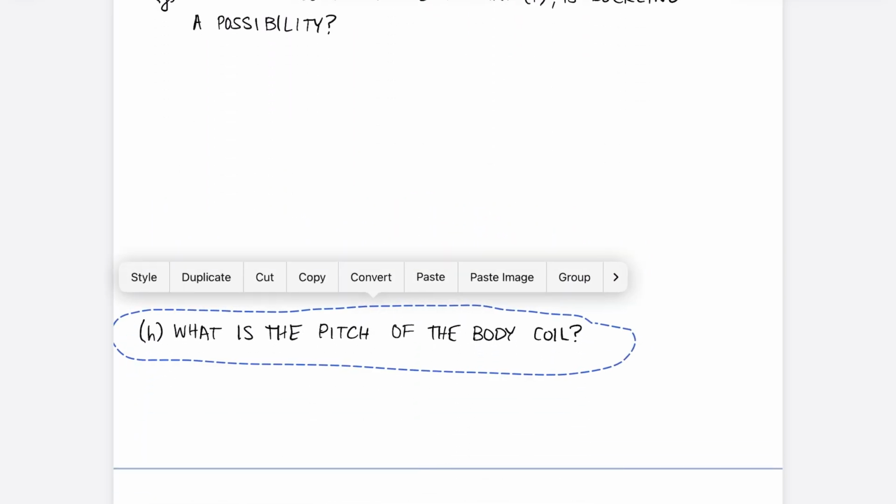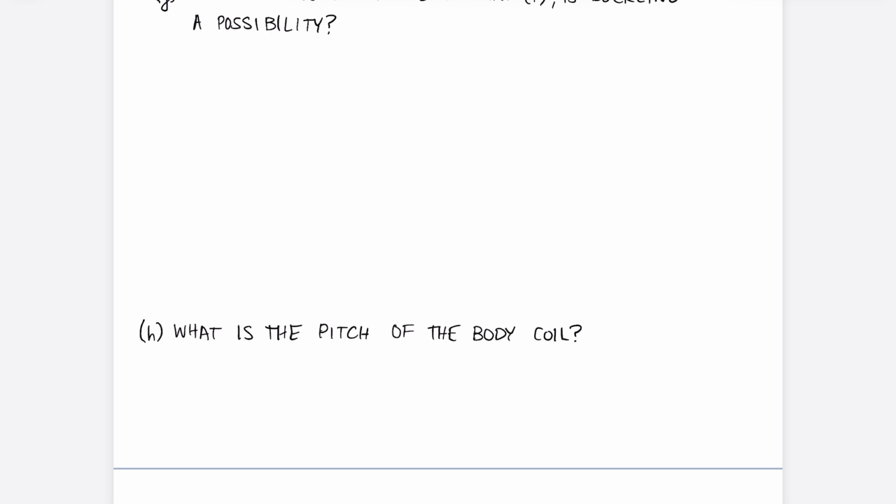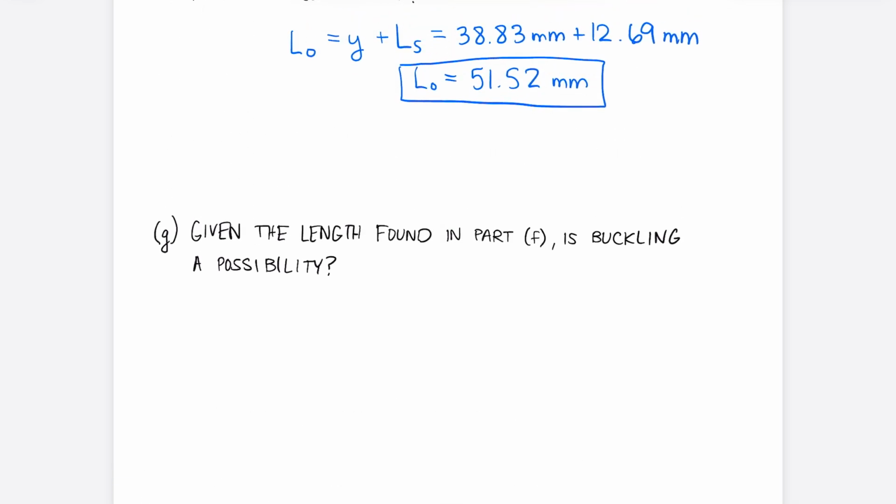All right, almost done. Two more parts. Given the length found in part F, is buckling a possibility? Remember that when we were discussing buckling, we found an equation for steels.